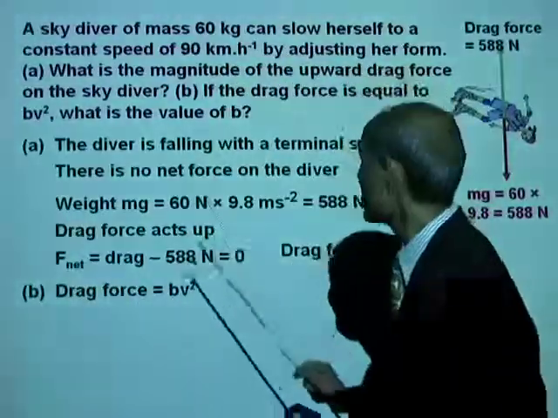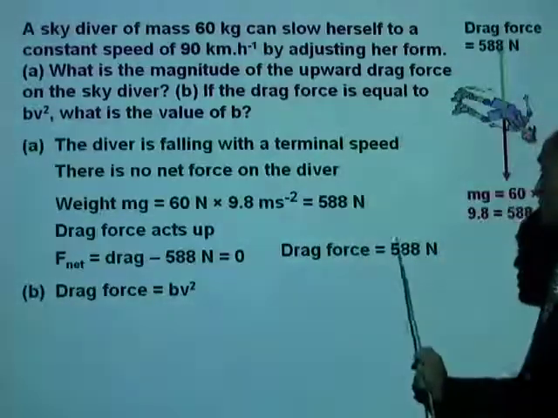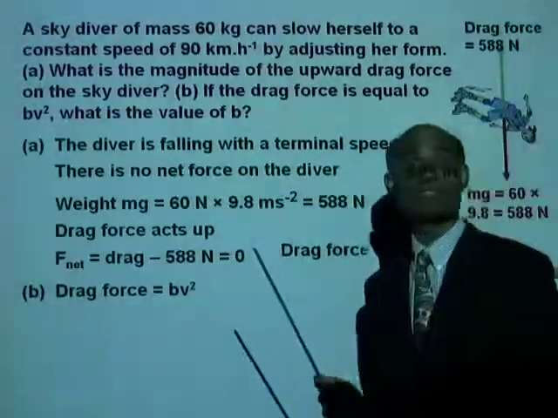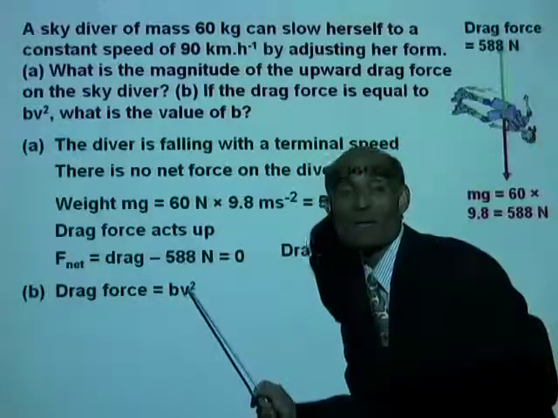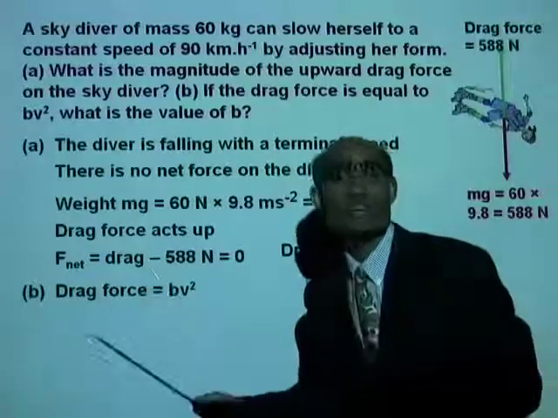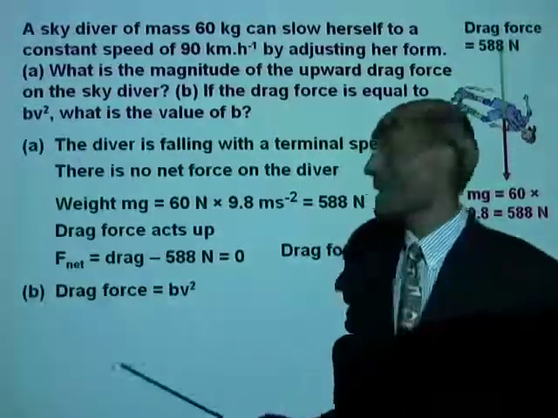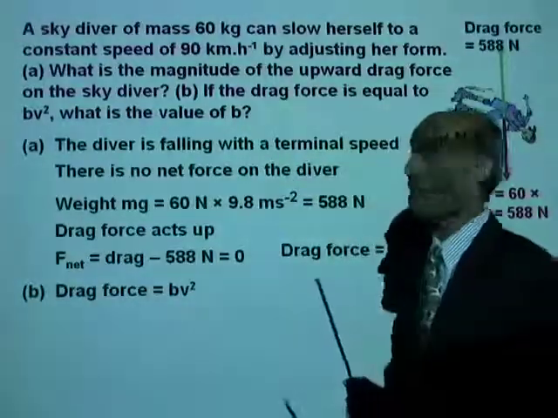So we should now be able to say this drag force, 588 Newton, equal to bv squared, where v is that terminal speed and b is the constant of proportionality, and we are required to find the value of that.